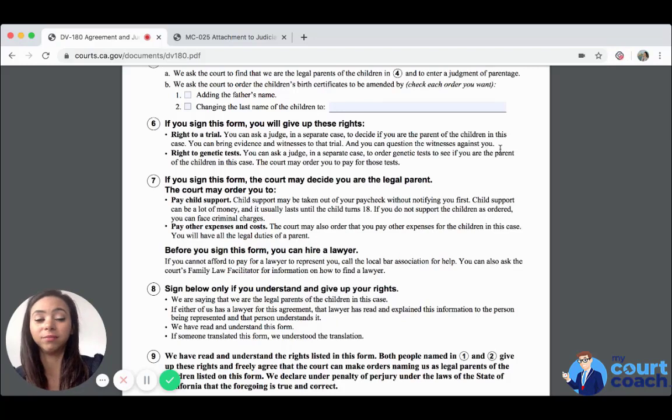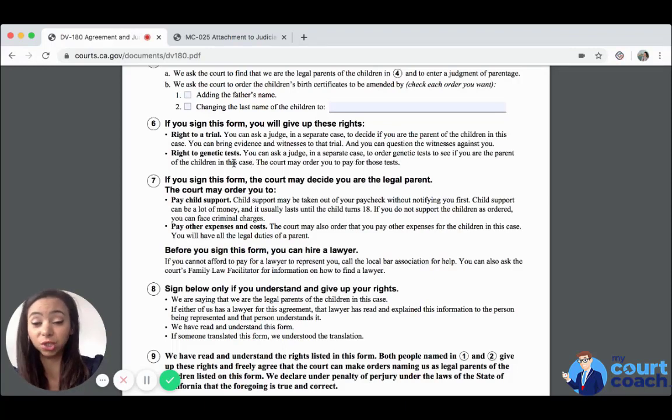Just kind of read through or hear past that. Don't take that so seriously, because you do have a right to that genetic testing, and you should obtain it before signing this form if that is what is going to give you that confidence that you are in fact the father of this child.